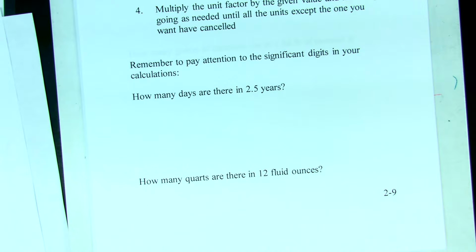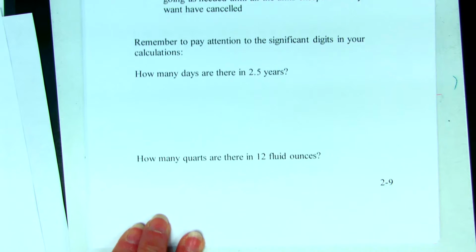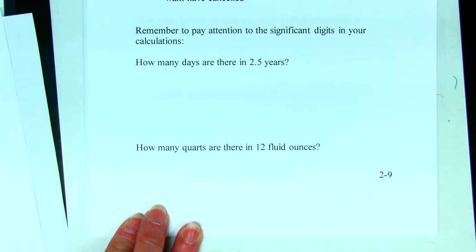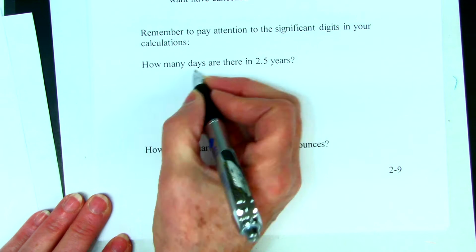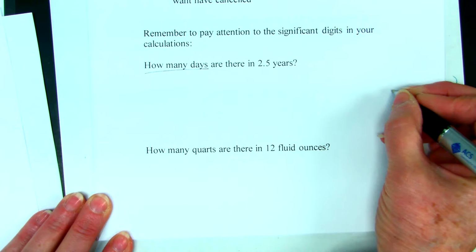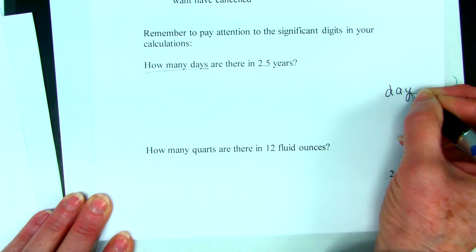Okay. So let's look at some non-chemistry examples to start. How many days are there in 2.5 years? Well, in order to answer this question, we need to figure out what we want in our answer. So, how many days? So somehow when I'm done, I want to have days over here.